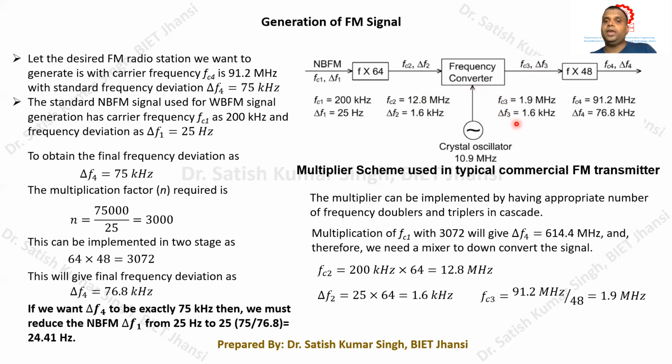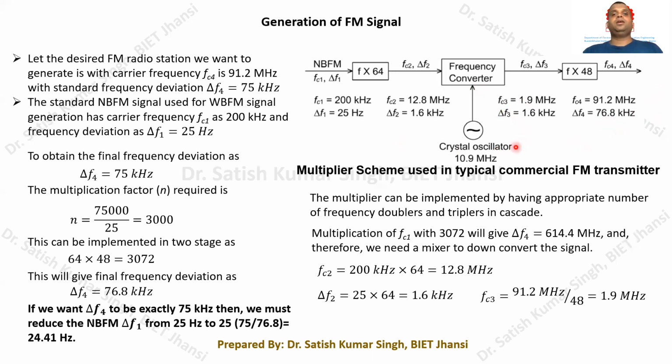So this way we are going to get the final output equal to 91.2 megahertz, and delta F4 will be equal to 76.8 kilohertz, which is also an acceptable value.